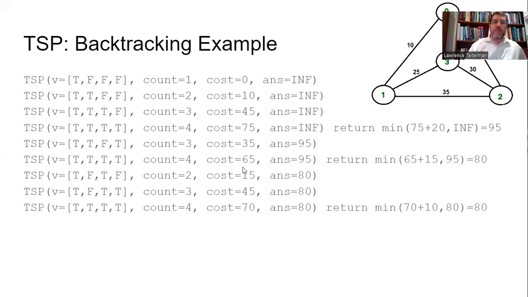Okay, this is the path so far, but remember the path so far, even though it looks like, wow, these are all less than that, that's because we're not done yet, right? So this is saying, as I work my way through the path, as the count goes up, what is my cost so far, not including that last edge, okay? And then we have the ANS value that keeps track of the best path so far.